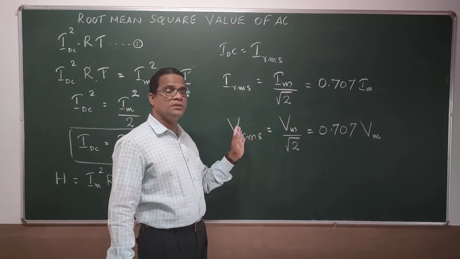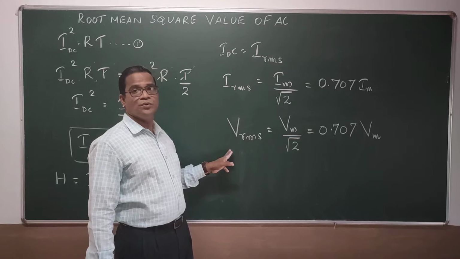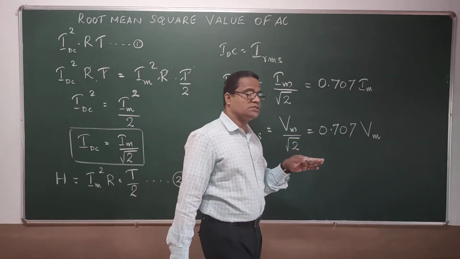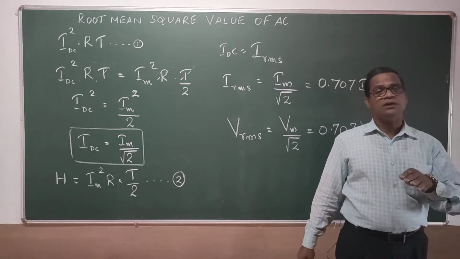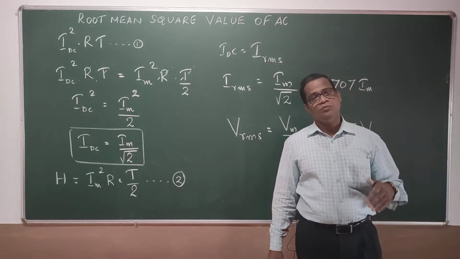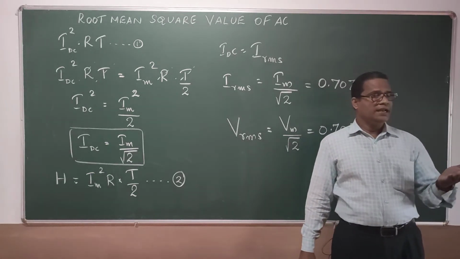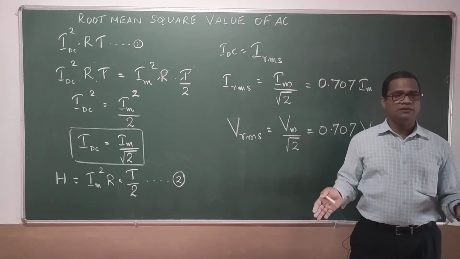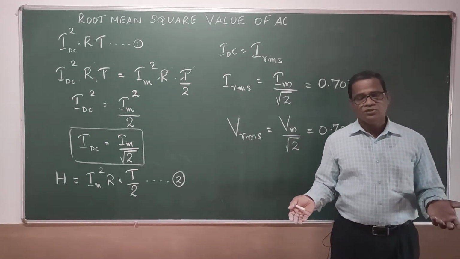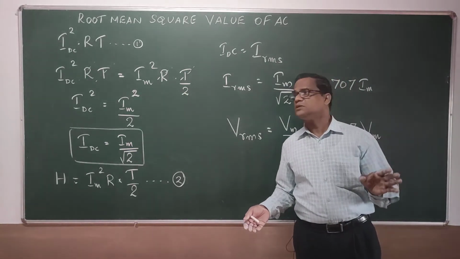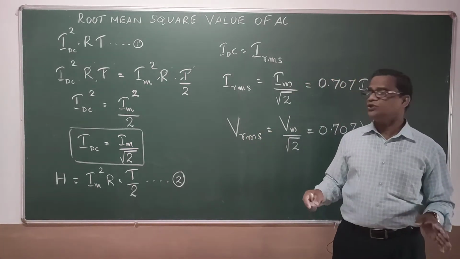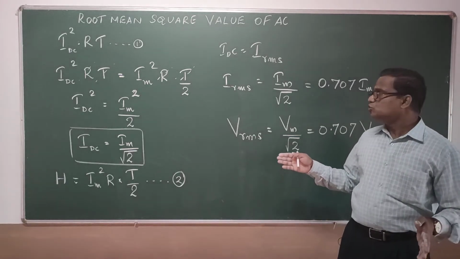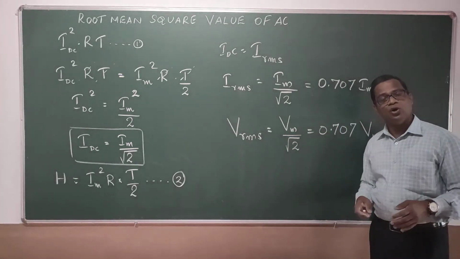And remember, this RMS value remains constant for the positive half cycle, negative half cycle, or complete cycle of AC. So if you take any part of this AC and calculate the RMS value, you will get the same thing only.